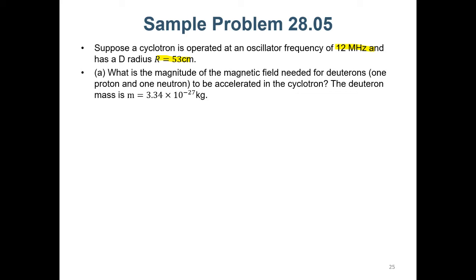What is the magnitude of the magnetic field for the deuteron, one proton and one neutron? So this is a type of hydrogen, but with one more neutron. To be accelerated in the cyclotron, the deuteron mass is 3.34 times 10 to the minus 27 kilograms.